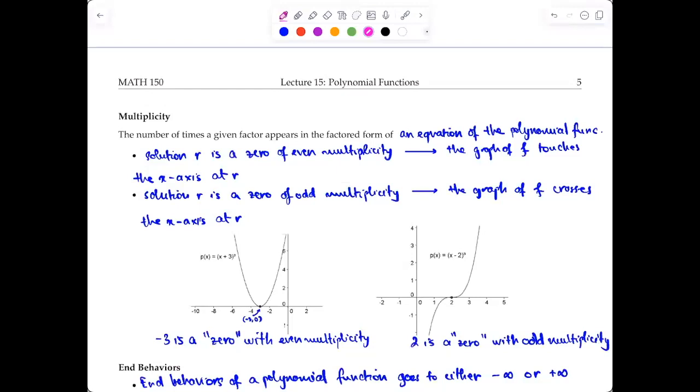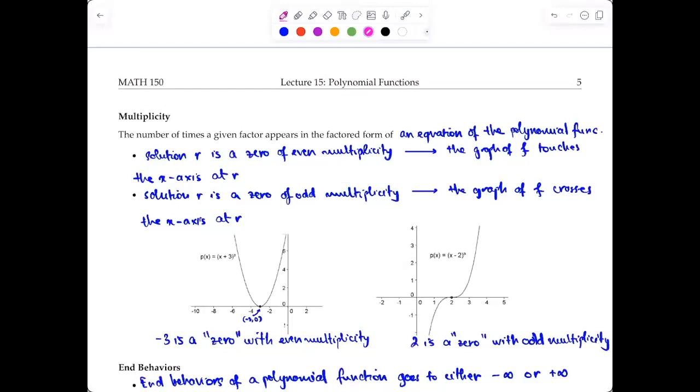So this is a function, and this is a factored form. Why is it the factored form? Because it's written as a product of factors. This is one factor, x plus 7, another factor, x plus 5, factor x minus 5, and factor x minus 7. So this is the factored form of a polynomial function. You okay with that?